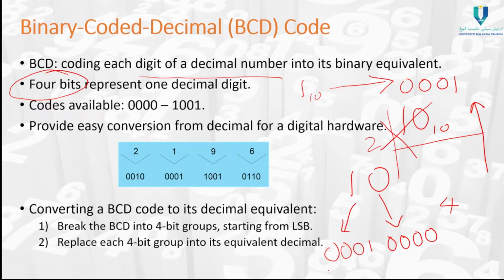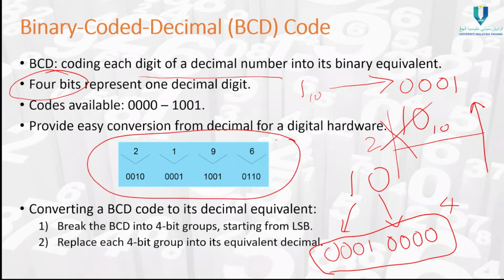So this becomes the BCD code for 10 in decimal. Let's look at the example shown here. This is another example. If I have the number 2196 and we convert it into a BCD code, this is what it looks like.